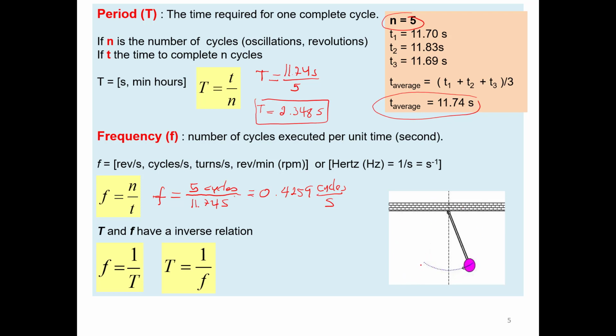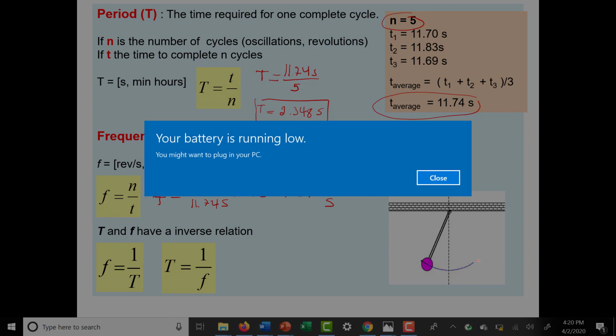In 1 second the pendulum can move from here to here. That is how far the pendulum can move in one second.